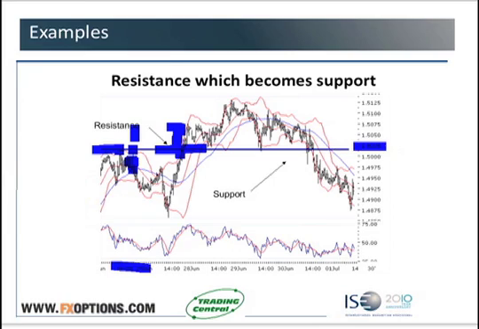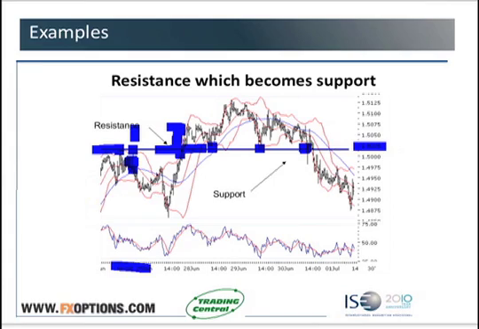The former resistance level now becomes a support, and a very nice support, because this new support is hit several times again: 1, 2, 3, and the price breaks down this new support at the fourth time it attempts to test it.